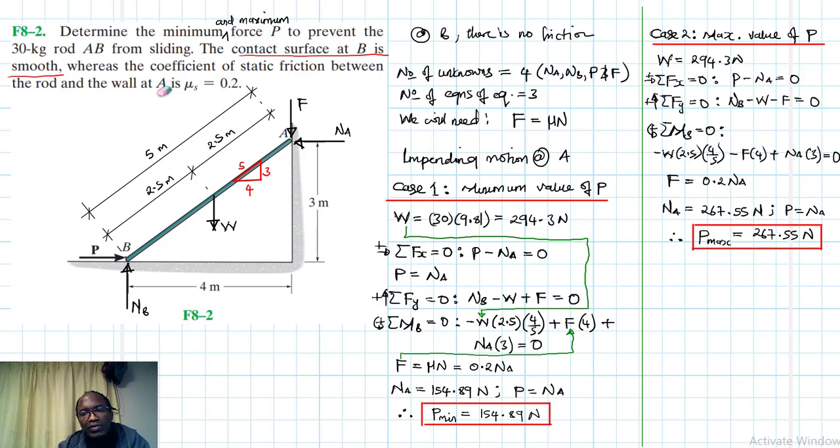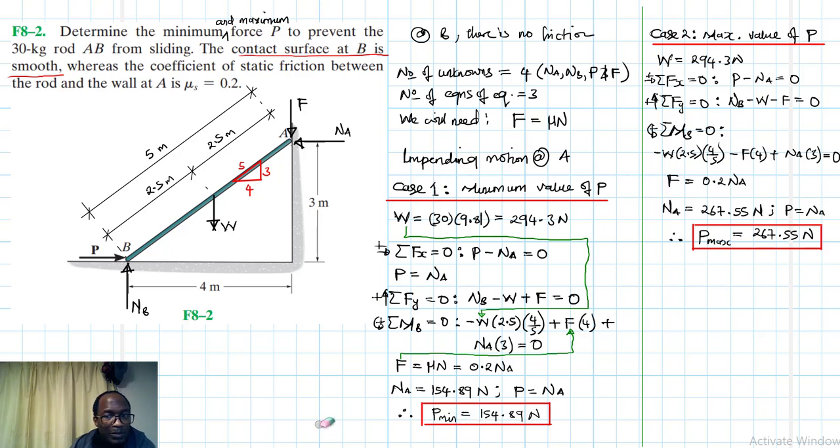Alright, so we have a range of values of P from 154.89 to 267.5. This is the range of values. We can play around within this particular range without the rod moving at A. This is our range, P minimum and P maximum. We cannot go beyond P max, and we cannot reduce our load below P minimum.